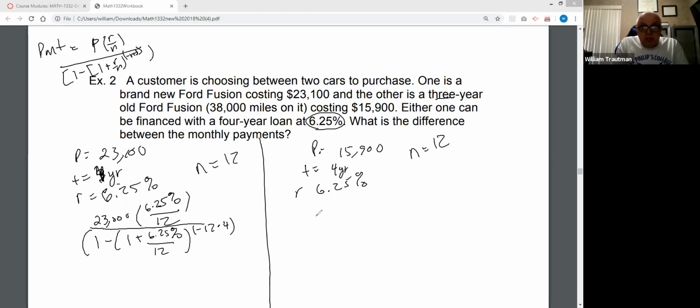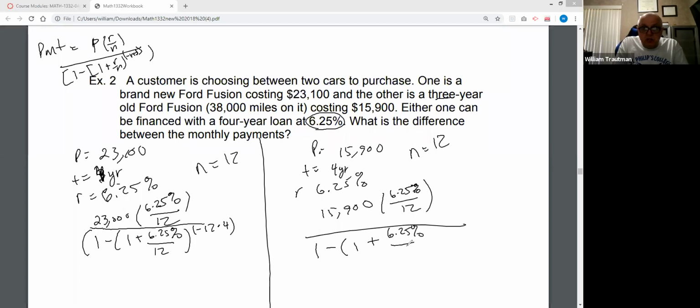And we're going to do the same thing on the other side, except we're using 15.9. Everything else is the same, 6.25%, 12. You just change the number in there. 6.25% over 12, raised to the negative 12 times 4.